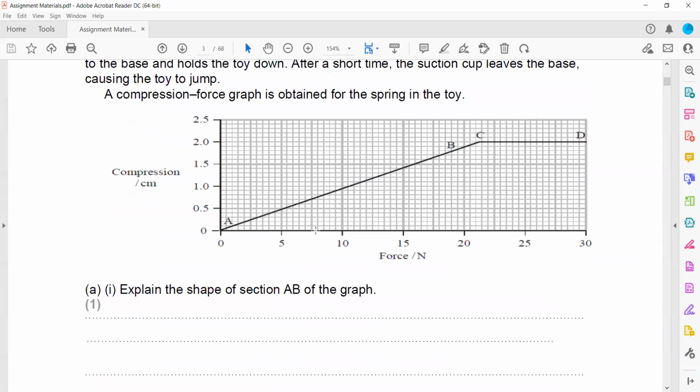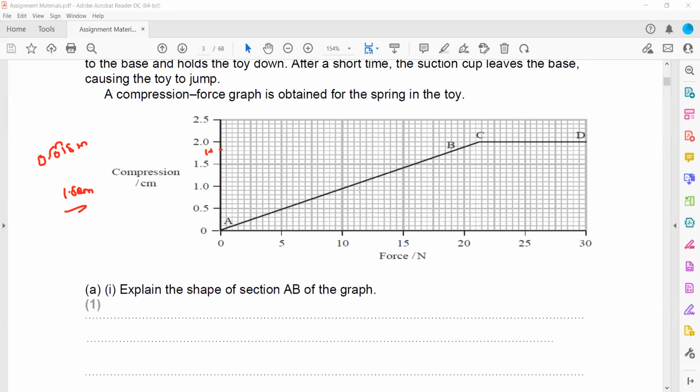So 0.018 meter. If we convert, because the graph is in centimeters, it will be 1.8 centimeters. So 1.8 centimeters: 1.5, 6, 7, and 8, because each box is 0.1, so this is 1.8.